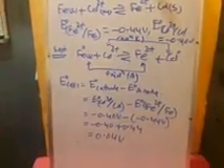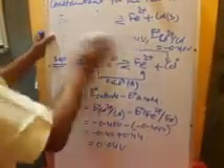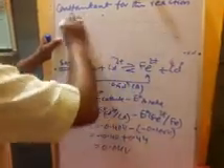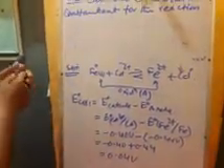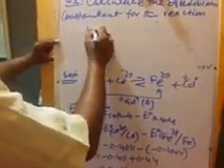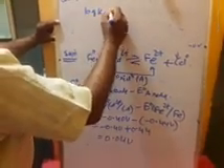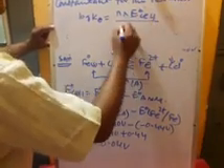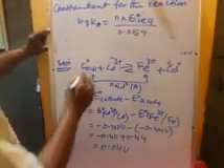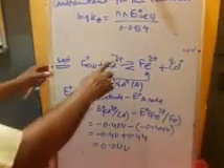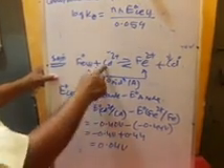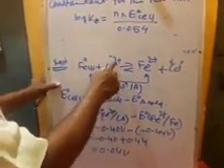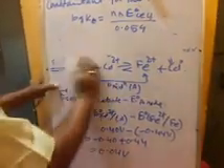Then applying the equation, log Kc is equal to n into E naught cell by 0.059. Here the number of electrons transferred is 2, since Cd2+ accepts 2 electrons to get Cd.